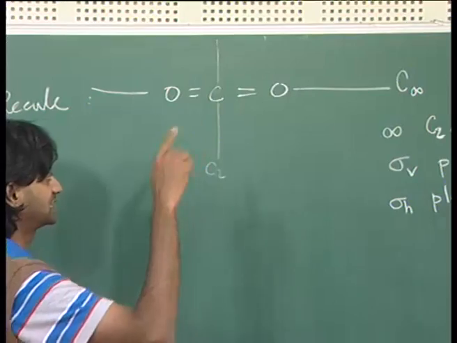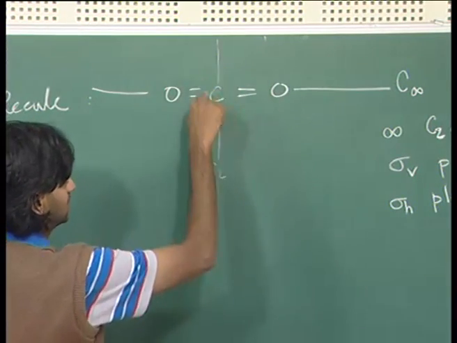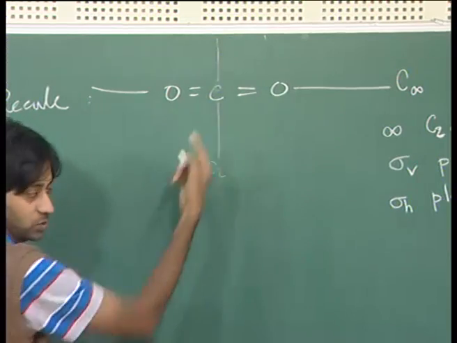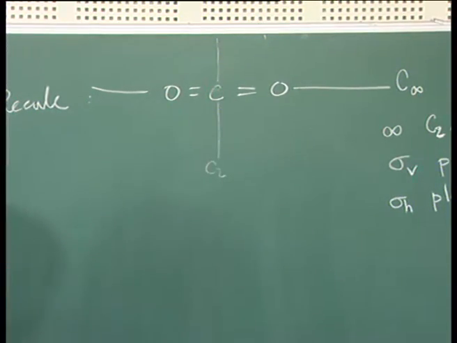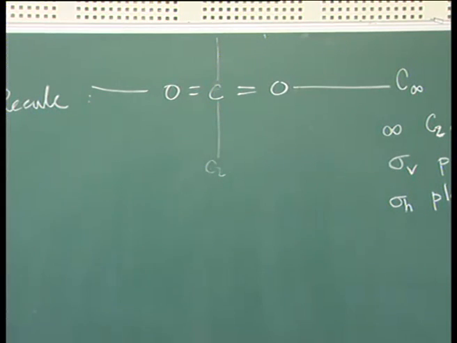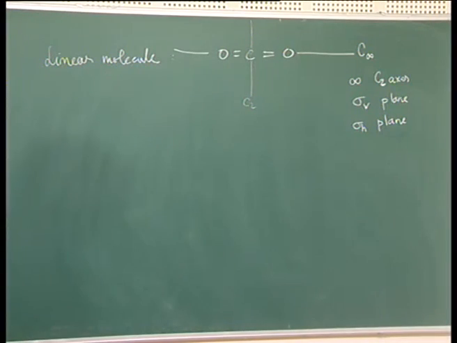For example, if I take an axis going like this and coming out on the other side, and rotate by 180 degrees, these two oxygens will be switched and the carbon will lie where it is. This is something special about linear molecules.